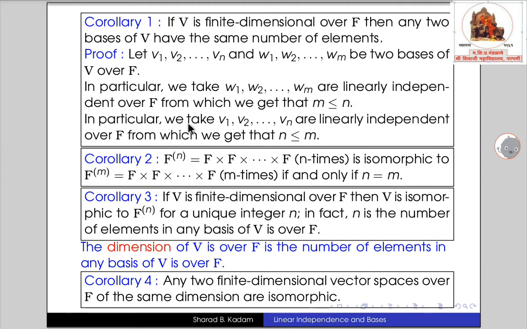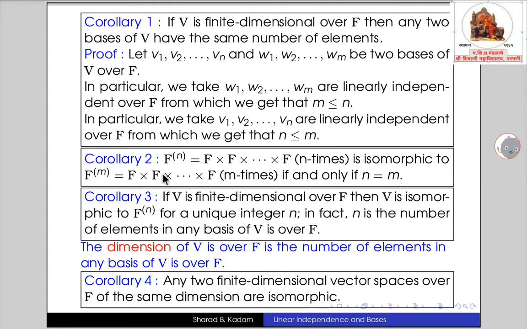Again, in particular, v1, v2, ..., vn are linearly independent vectors over F. Then by using the lemma we get that n is less than or equal to m. So we conclude that m and n are equal. That means if V is finite dimensional over F, then any two bases of V have the same number of elements.